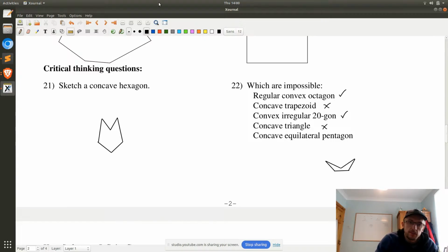Should be fine, right? And it is. So that's actually possible. But let's see the verdict. Yeah, that's all valid and fine.